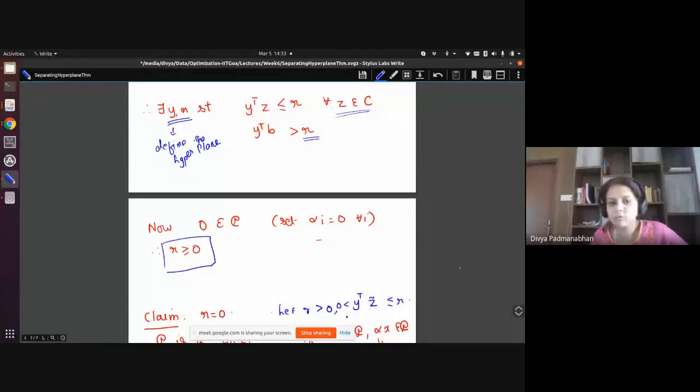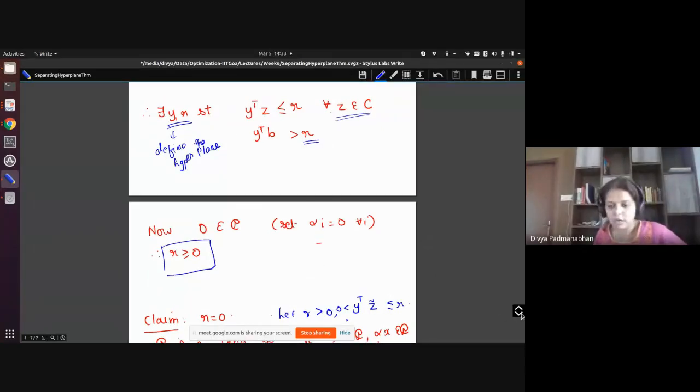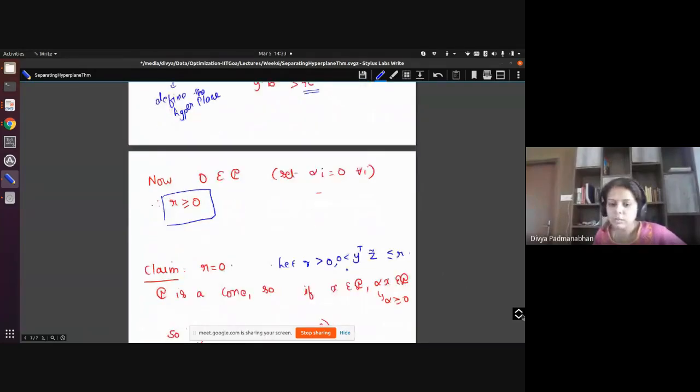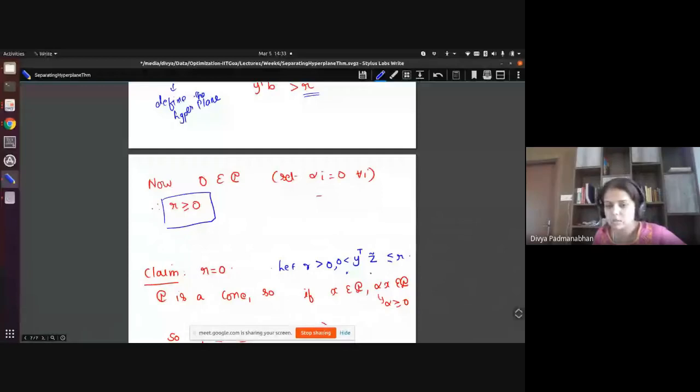Because if it was negative, we have already taken care of that. So it is on the other side of 0 but less than or equal to r. It's a positive quantity. Then what you could do is, this is a cone, so if you take some alpha times z tilde.